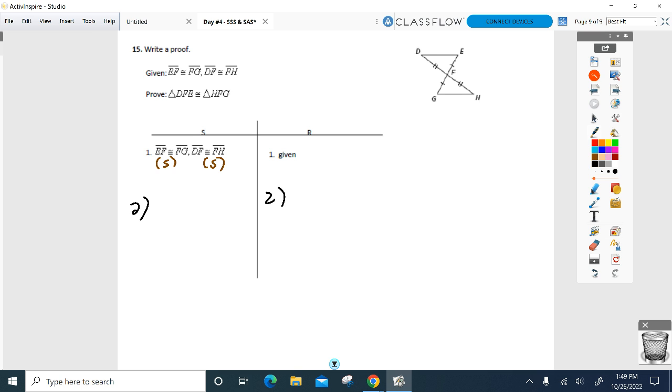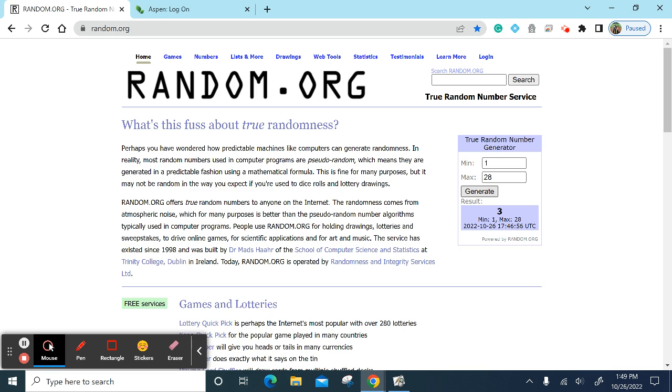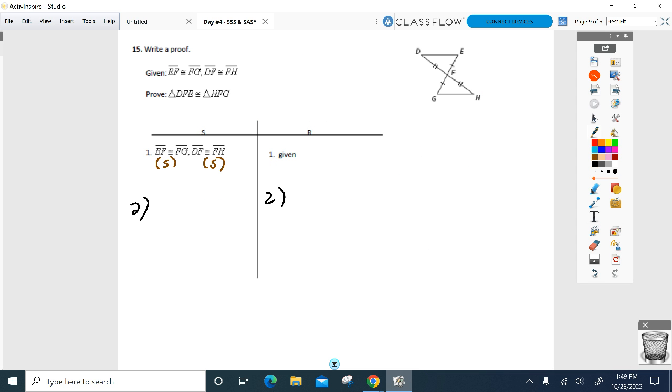Give me another fact about the diagram that's true. Angle DFE congruent to angle GFH. Vertical angles are congruent. And that gives me a pair of angles which are in between.